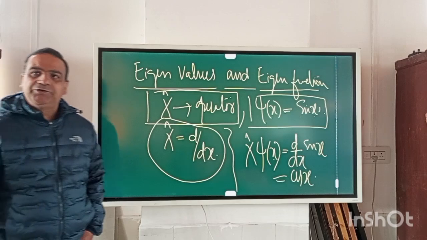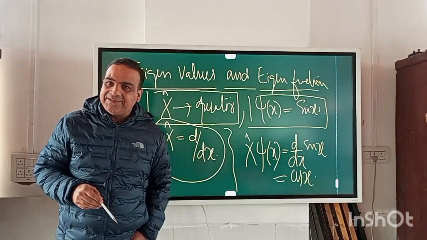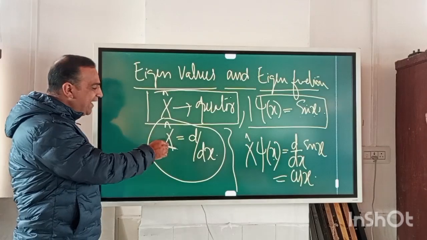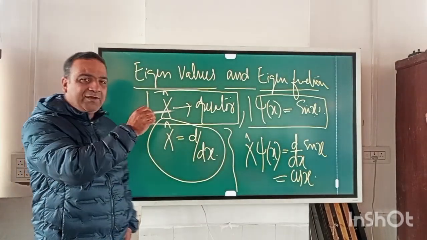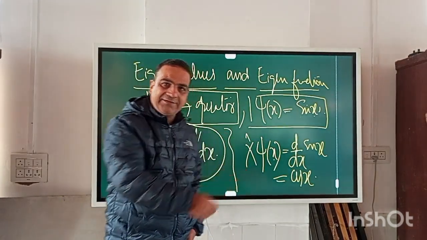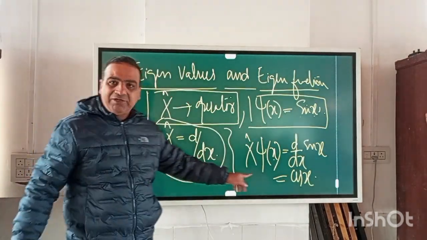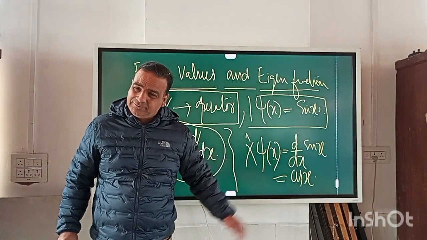So what is your observation? You have an operator x cap, defined as d by dx, and you act this operator on a function, defined as sine of x. But when you operate this operator on this function, you get another function.